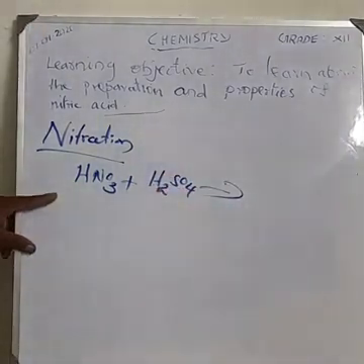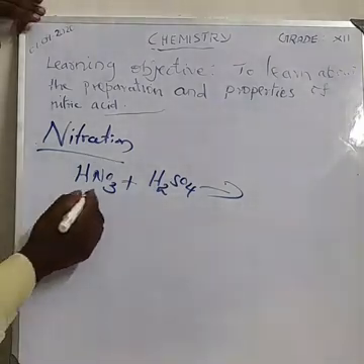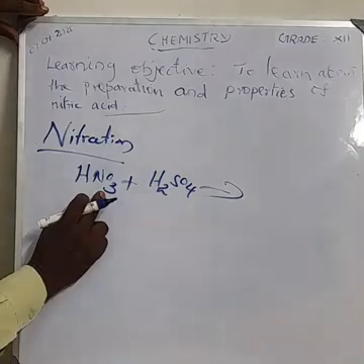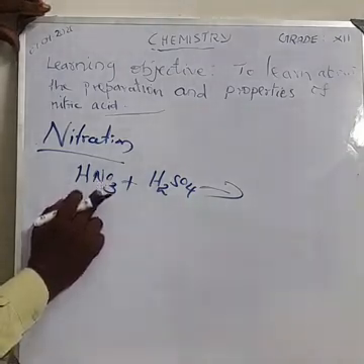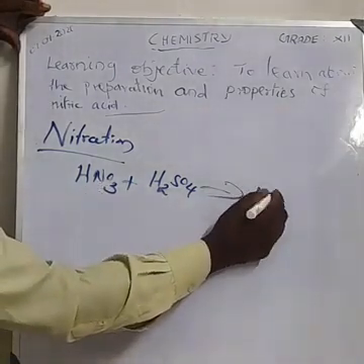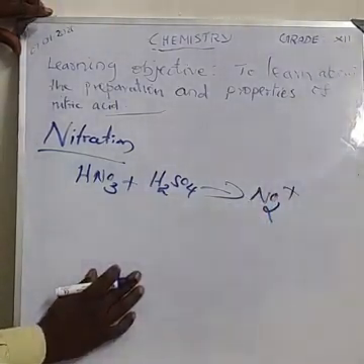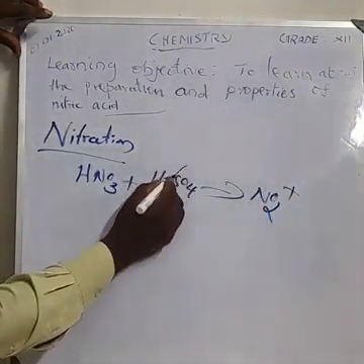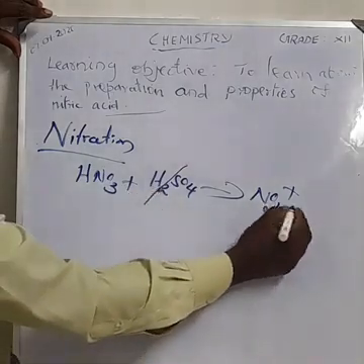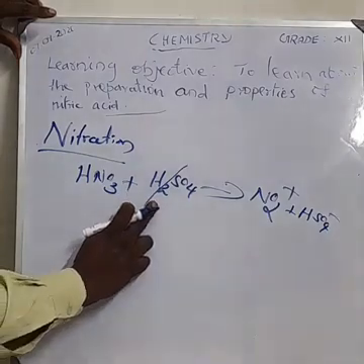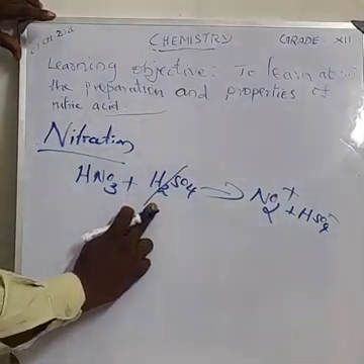Nitric acid reacts with sulfuric acid to form, first, NO2, since this NO3 is converted into NO2. Next, sulfuric acid is converted into HSO4 minus, the bisulfate ion. So what's the remaining product?